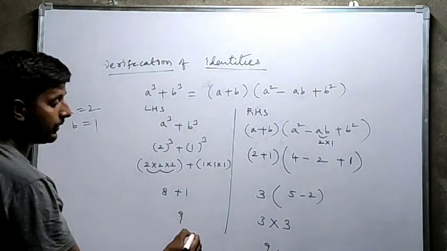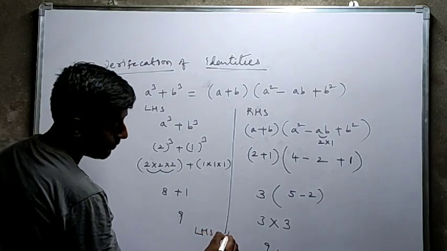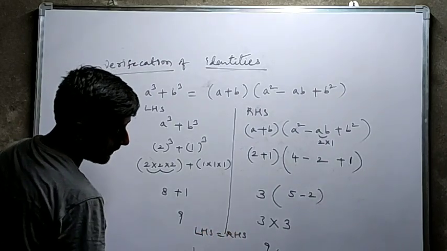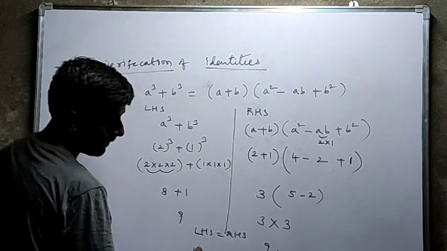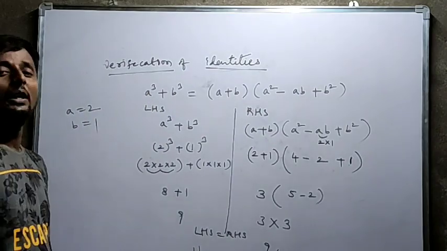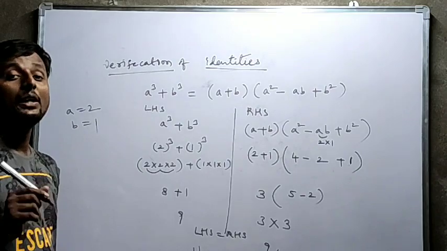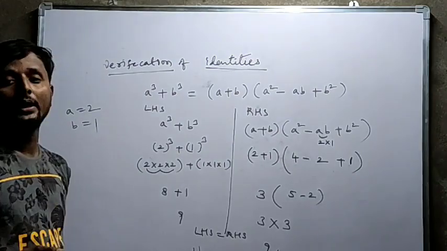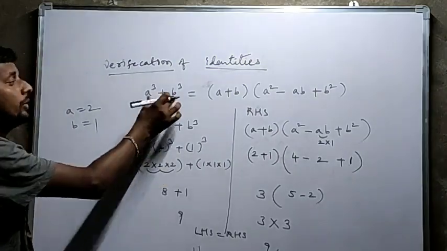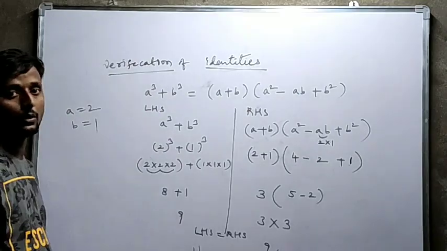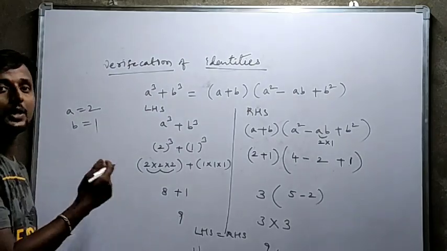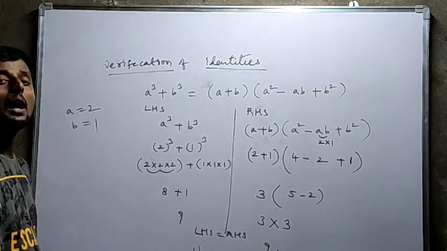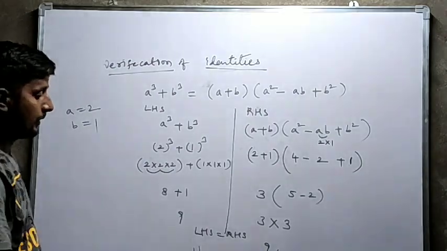So therefore here LHS is equal to RHS. So we'll write the identity is verified. If anyone asks you to verify the identities, that means you take values of A and B except 0, then you can show the value of the LHS is equal to the value of the RHS. Okay, right.